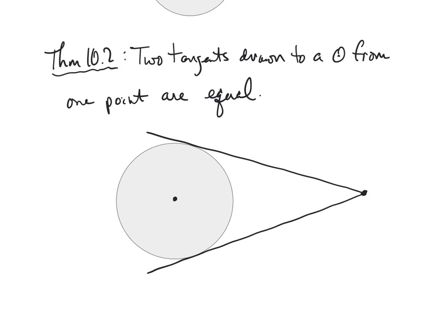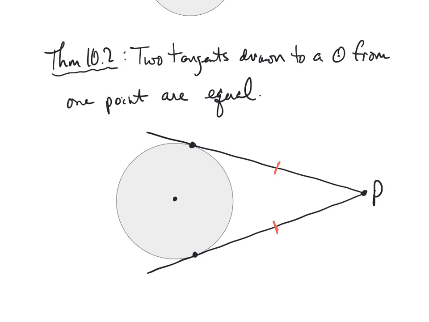What this theorem says then is that the two tangents drawn to the circle from this one point, I'll call it P for point on the outside, are going to be equal. So the length of this segment and the length of this segment are going to be equal to each other. And that's always going to be true.